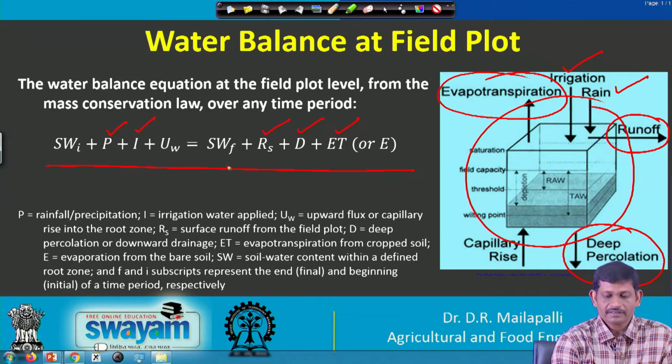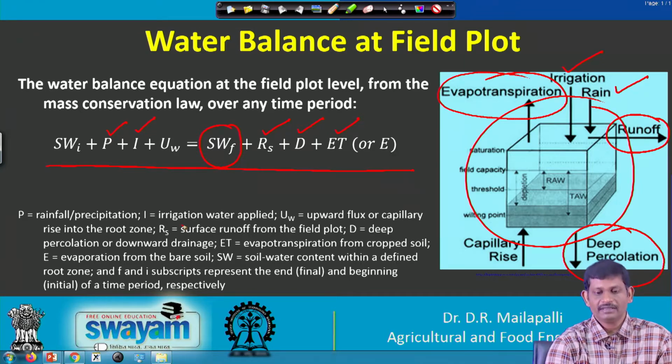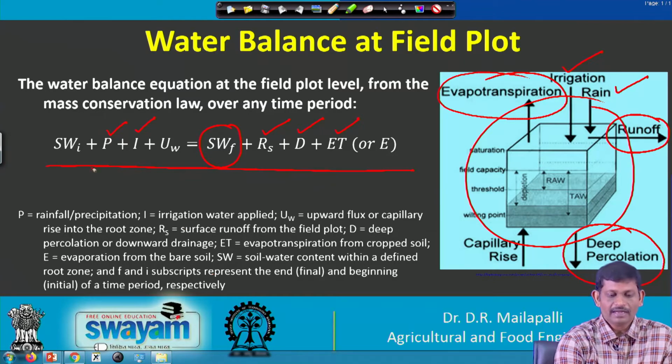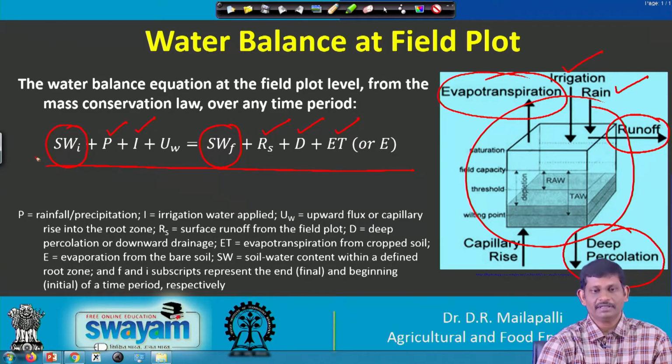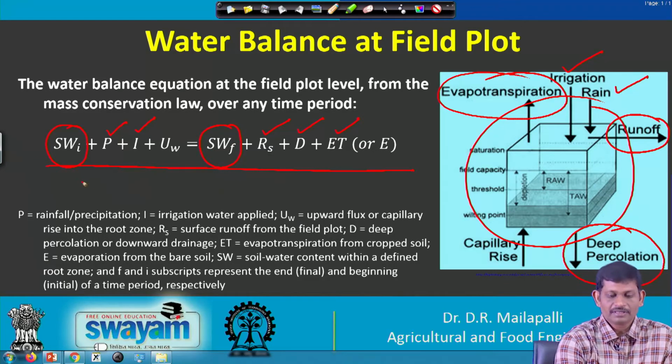The soil water in the beginning is the amount of water present in the soil at the start, so this is also an input, because some water is already present in the soil.